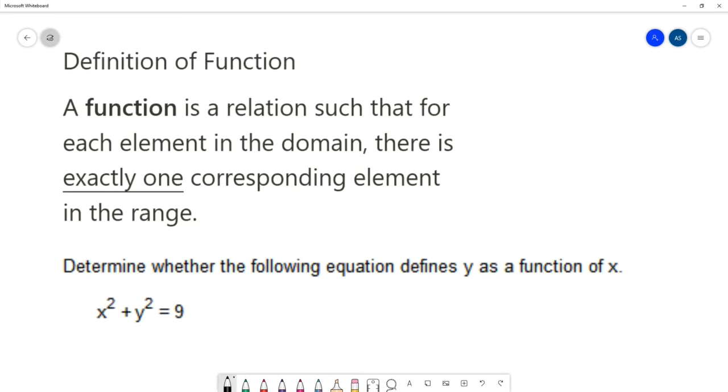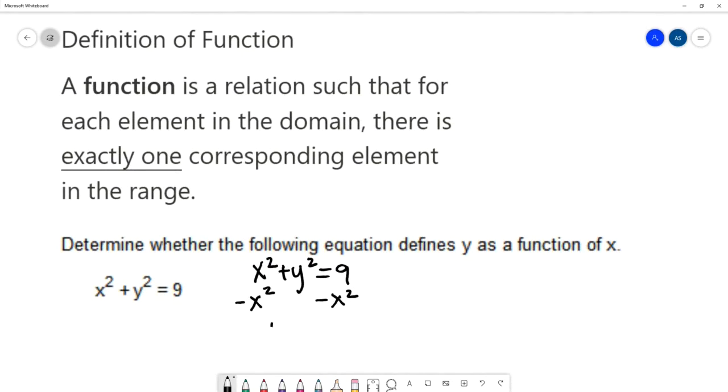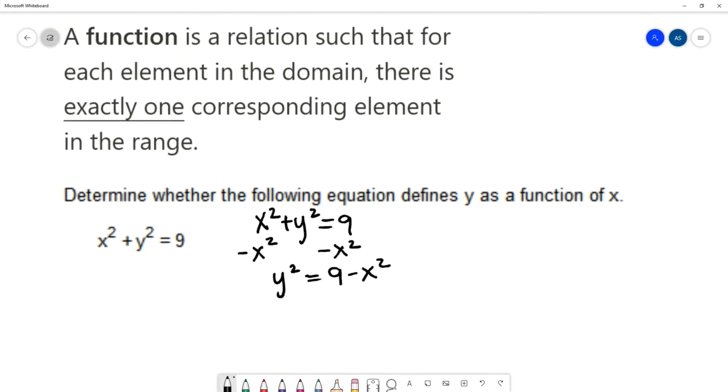So we're going to start by taking this equation, x squared plus y squared equals 9, and we're going to solve for y. So we'll subtract x squared, and that gives y squared equals 9 minus x squared. And then we're going to get rid of that square by square rooting both sides.